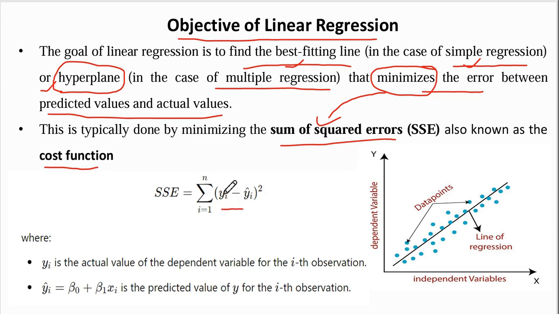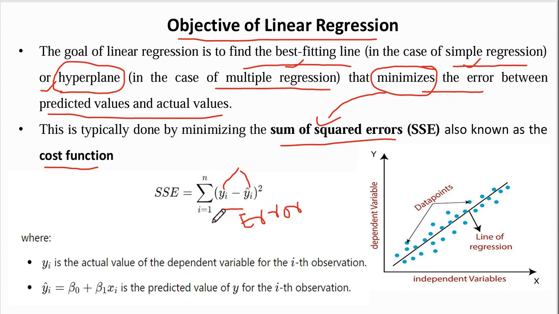The difference between the actual value of the test instance or given sample minus the predicted value of the sample is called the error.